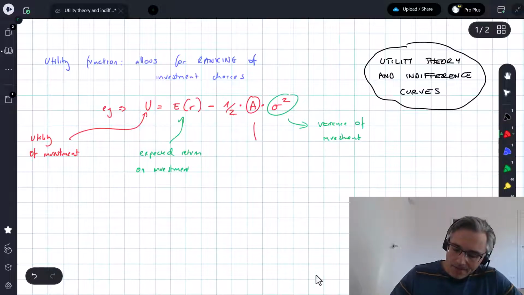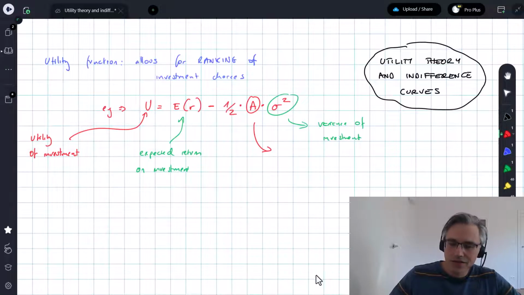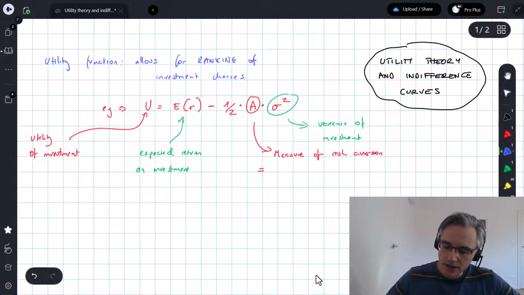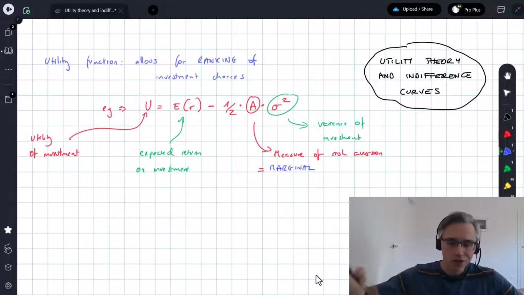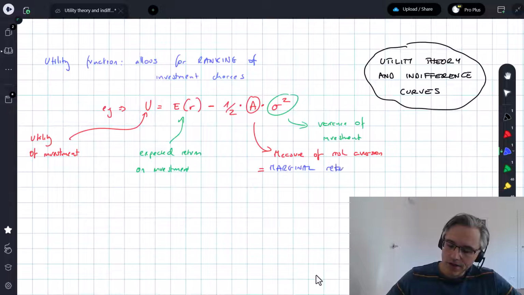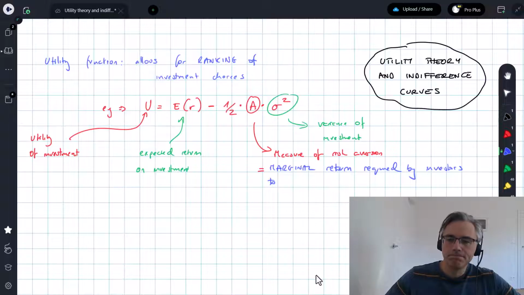Now, A, very important, is supposed to be a measure of risk aversion. And you can also think of it as the incremental or marginal or additional reward or additional return required by investors to accept an additional unit of risk.